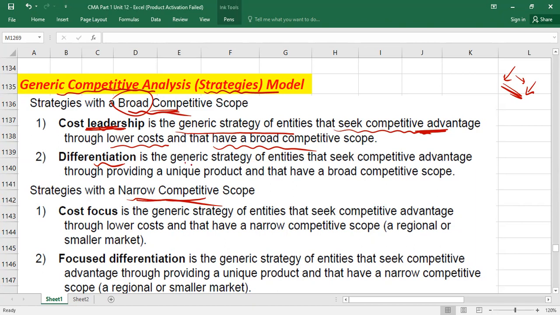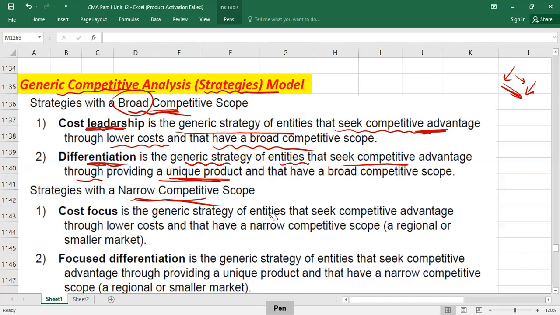So differentiation is the generic strategy of entities that seek competitive advantage through providing a unique product. Unique product is called differentiation. Understood? That have a broad competitive scope. Broad competitive scope means that regardless of the country or the market, they are launching one product. That is called broad competitive scope.